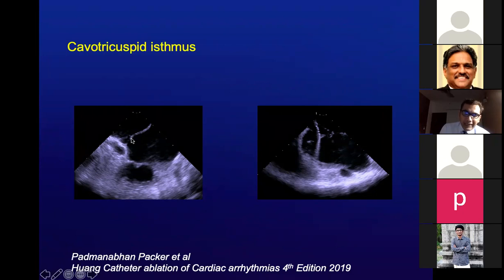This is your catheter, and you can see how the cavo-tricuspid isthmus can actually be as much as a pouch. This is the so-called eustachian or subeustachian pouch. And you can imagine if you have to bend your catheter here and ablate in this region, it can be a nightmare sometimes.